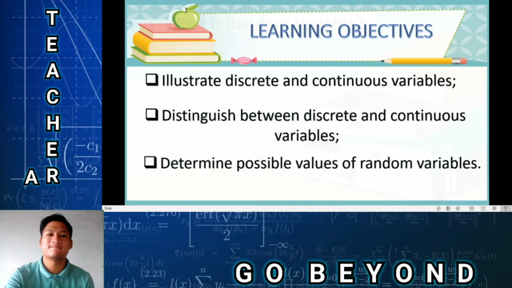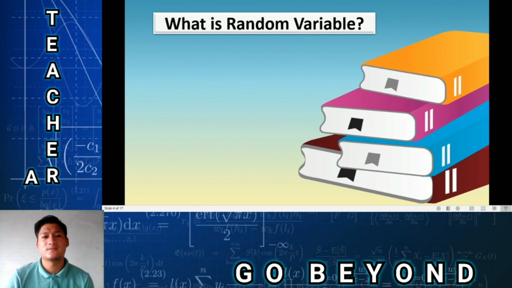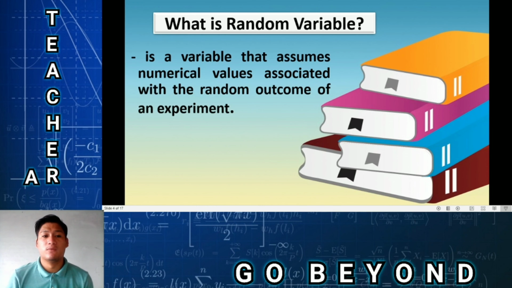So let's start. First, what is a random variable? When we say random variable, it is a variable that assumes numerical values associated with the random outcome of an experiment.